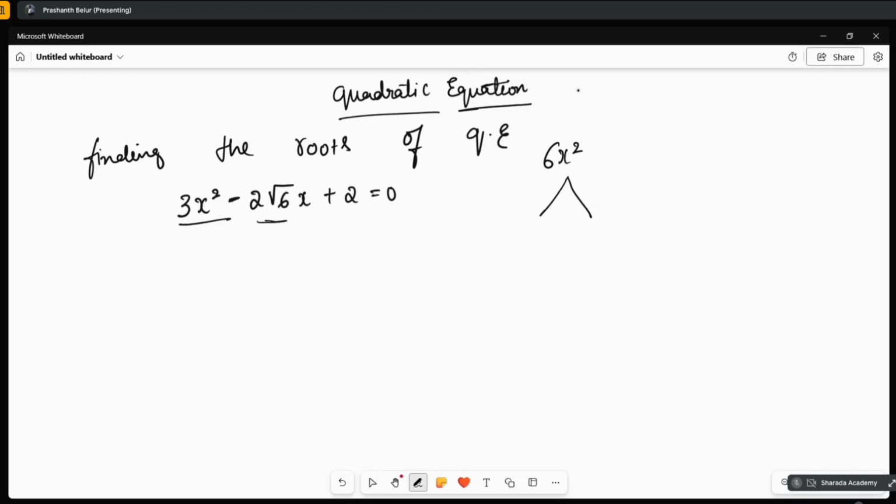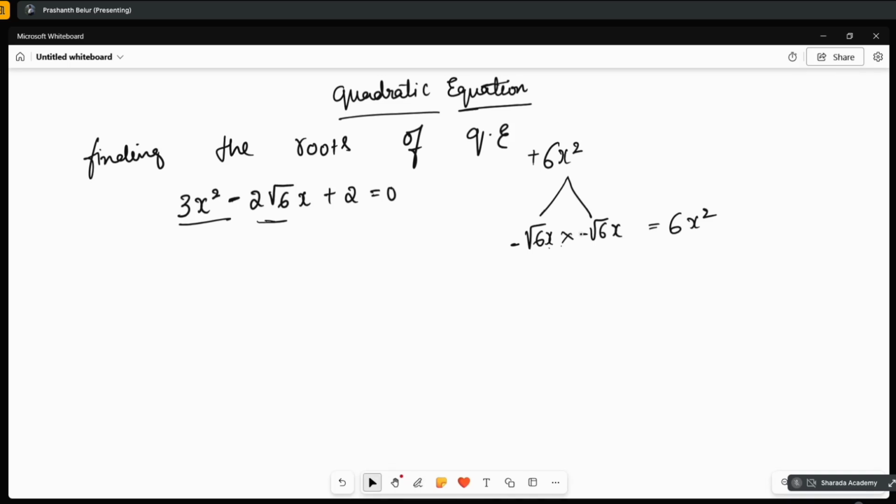If I multiply, I'm getting a plus term, and the addition of the 2 terms should be 2 root 6. So 6x square I can write as root 6x into root 6x. Correct, no? But I need minus here, so I will take both as minus.